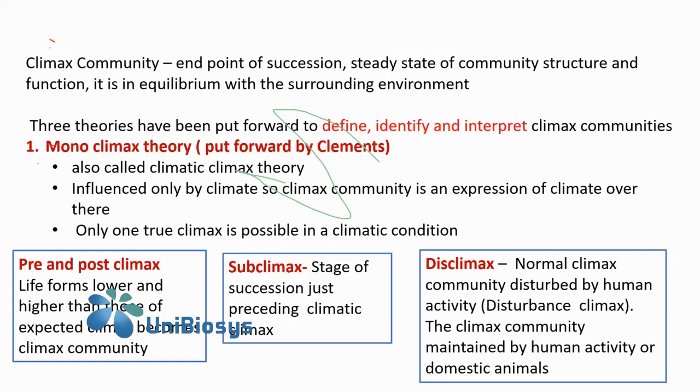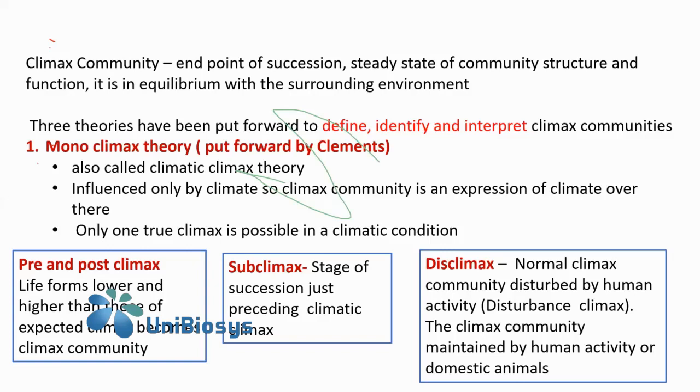So due to human interference or human disturbance, the community which was dominated by the trees is completely changed into a new climatic community dominated by the grazing animals. That kind of change caused by human disturbance is known as disclimax. Okay, pre and post climax, subclimax, and then this is disclimax.